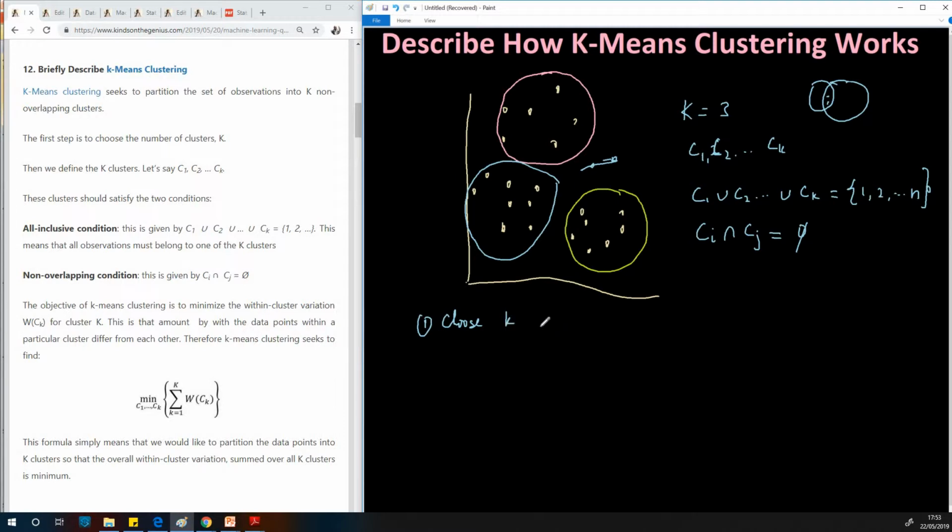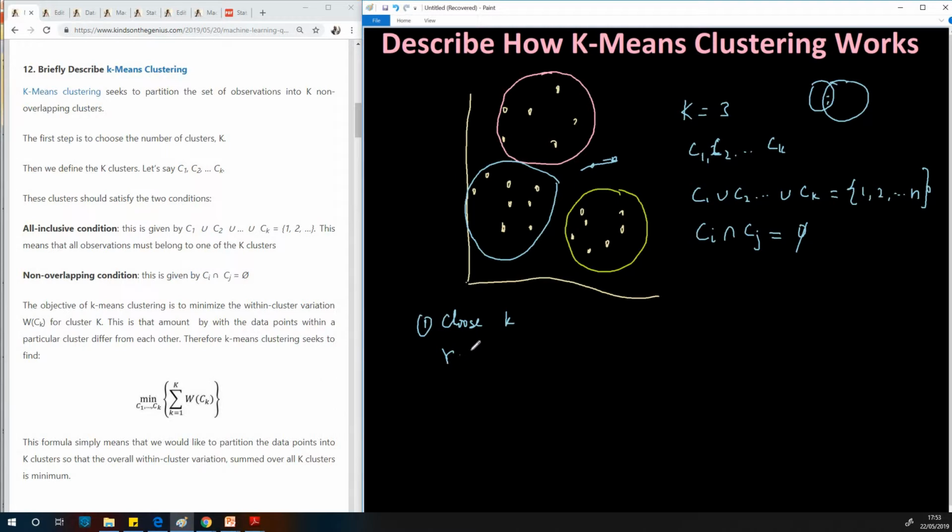Okay. So the next thing we want to do is define a variable r. This r is going to be equal to 1 if the data point belongs to cluster k.